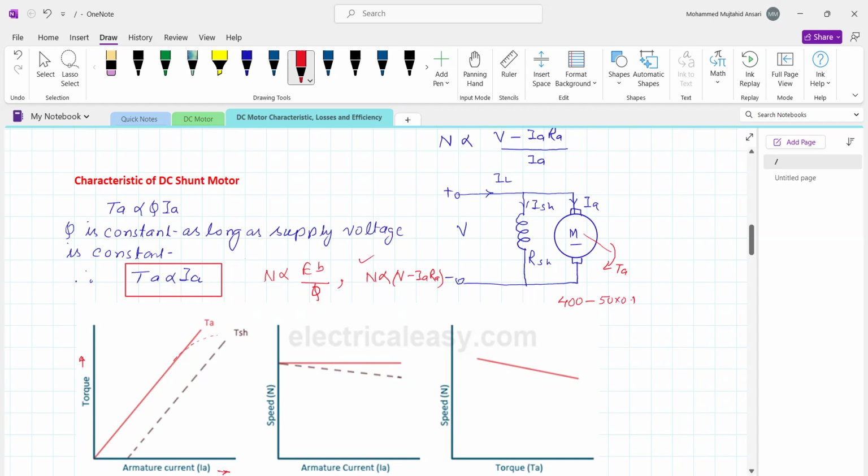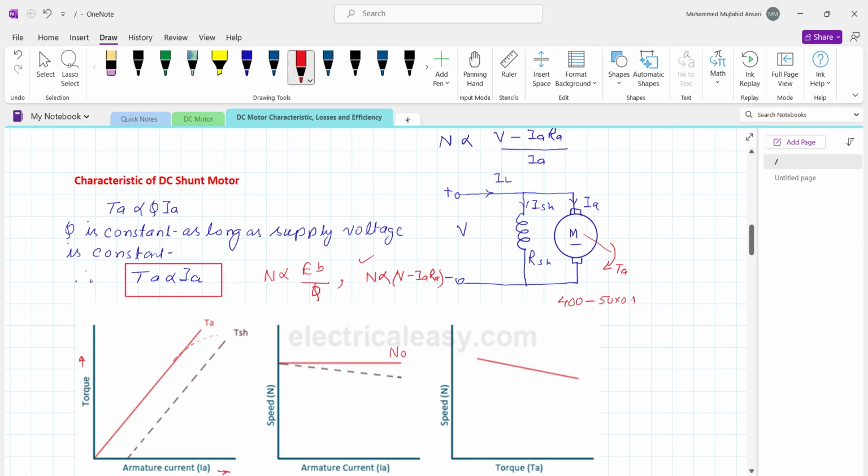As compared to the rated voltage, the voltage drop across the armature resistance is very small. It means the speed drop in the DC shunt motor is very less, and this is the no load speed, say for example 1500 rpm.